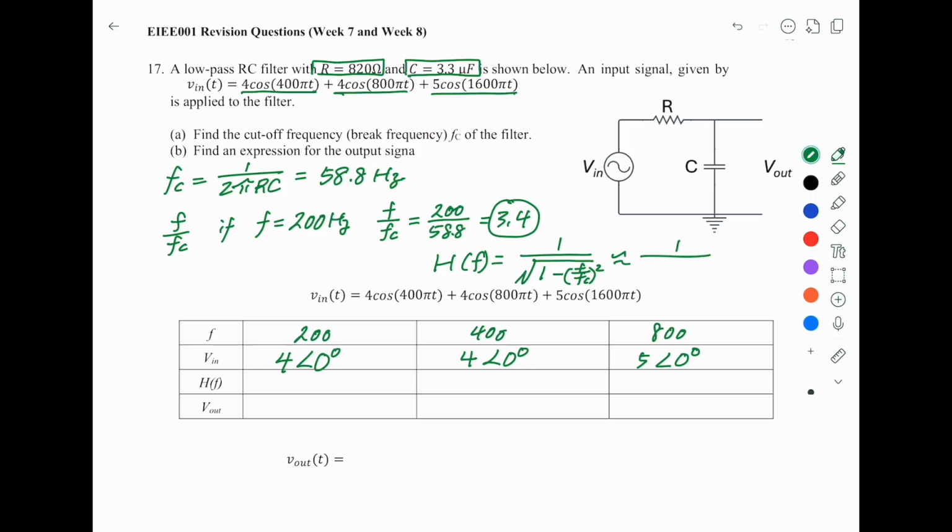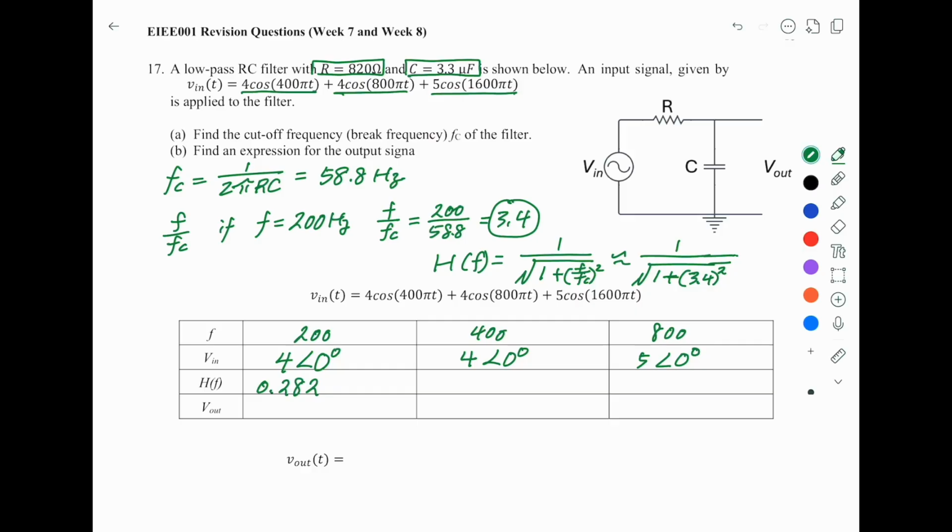So you plug this into this equation, 1 plus 3.4 to the power of 2, and this is plus, I beg your pardon, otherwise you will have an imaginary number. Okay, so once you plug this in, you will find this is equal to 0.282.